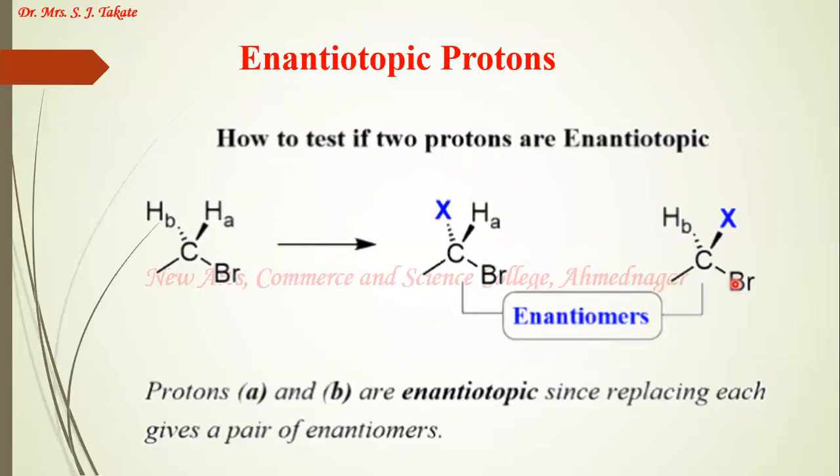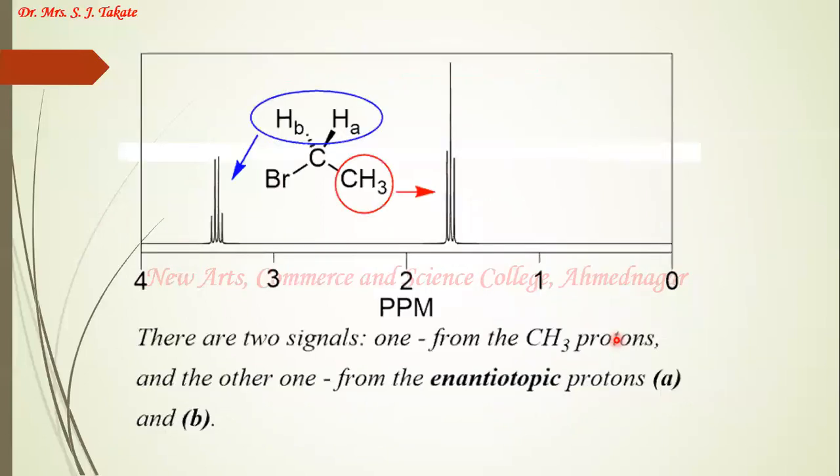That is, the resulting compounds are enantiomers. So the two protons of the ethyl bromide methylene group are enantiotopic protons. After replacement, we have obtained enantiomers. Therefore, the protons are enantiotopic protons.